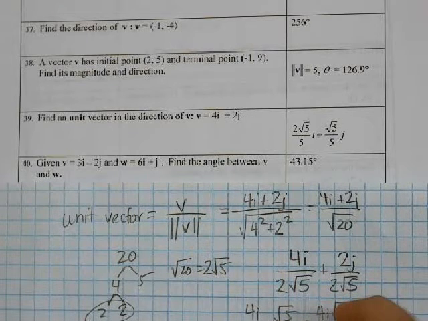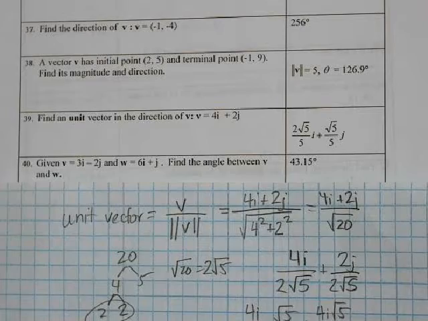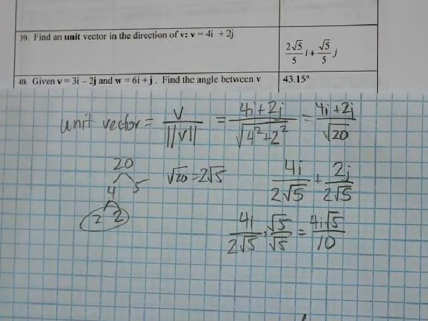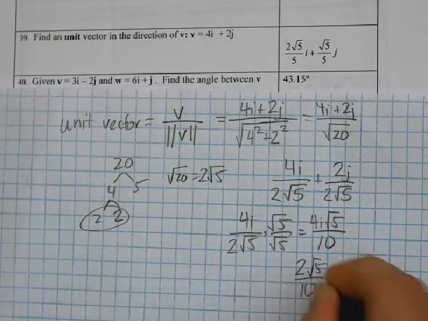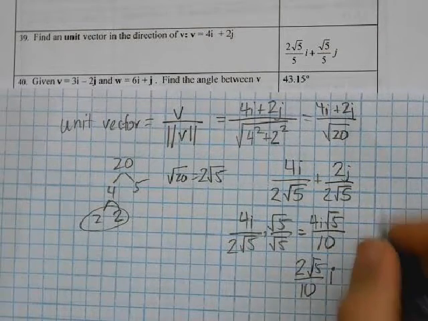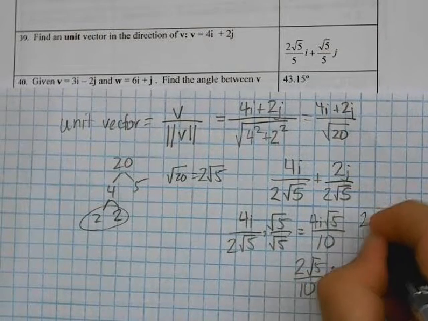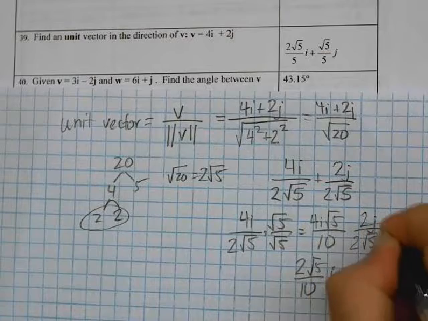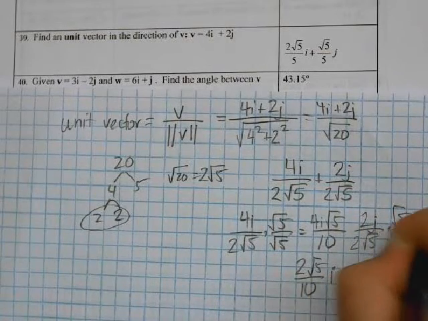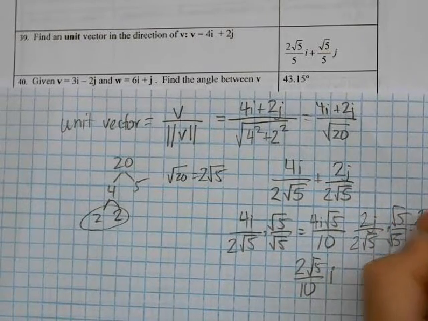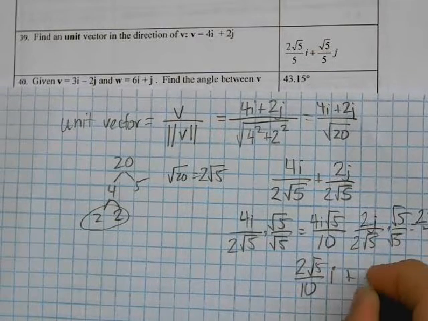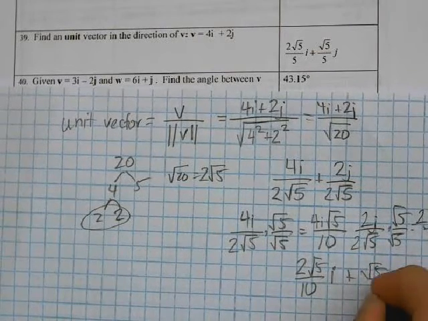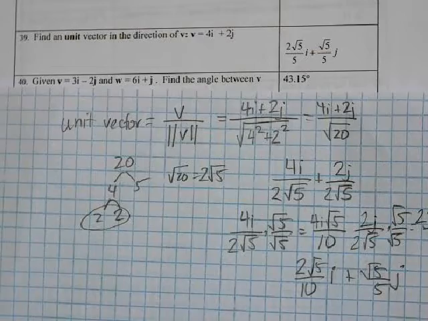We get 4i radical 5 over 10, which is 2 radical 5 over 10 i. And for the other, do something similar. 2j radical 5 over 10 reduces to radical 5 over 5 j.